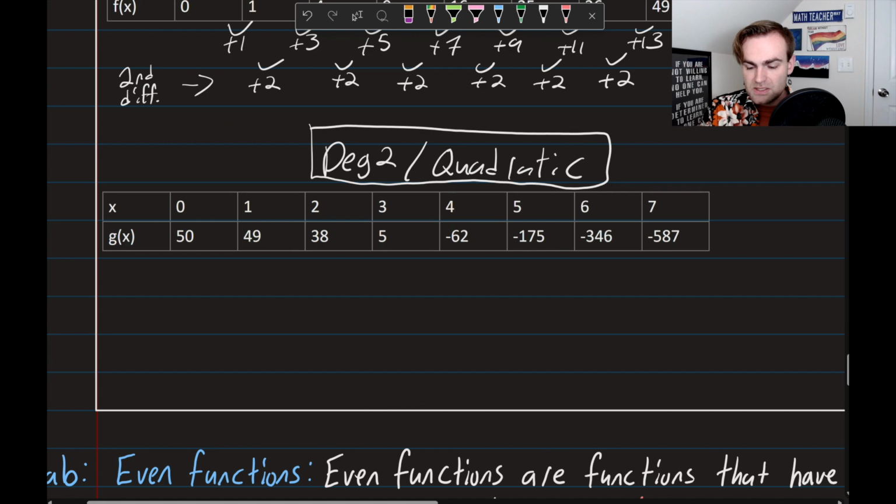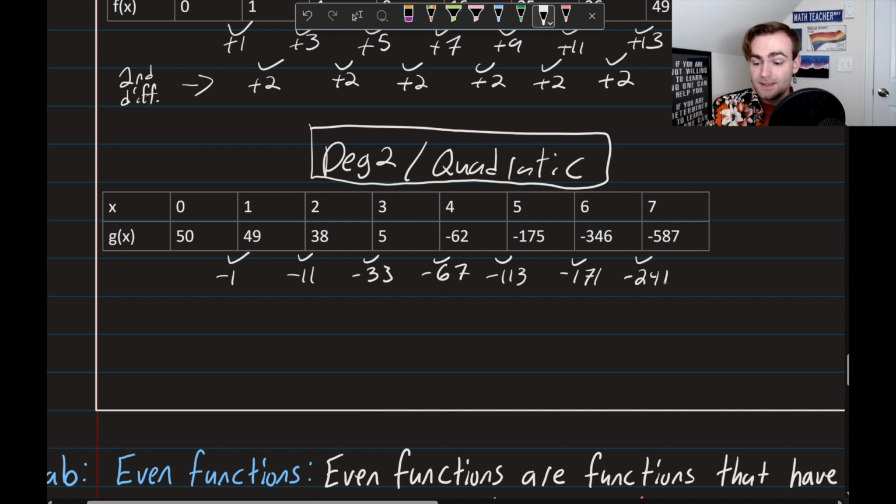All right, let's look at this one. This one looks crazy. All right, we have -1, -11, -33, -67, -113, -171, and -241. Already, that looks really weird, really random. Let's try it again. -10, -22, -34.